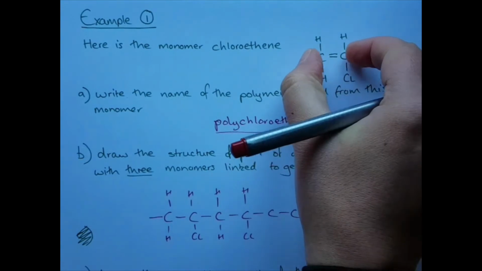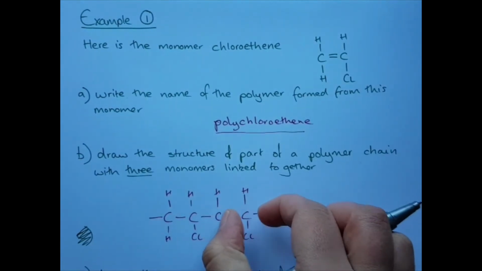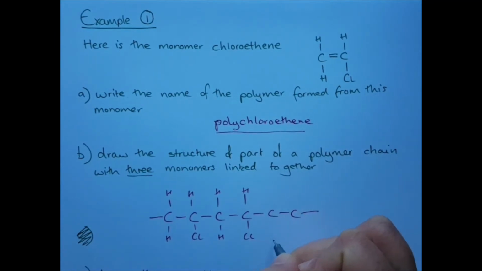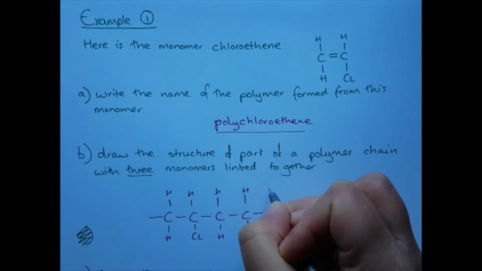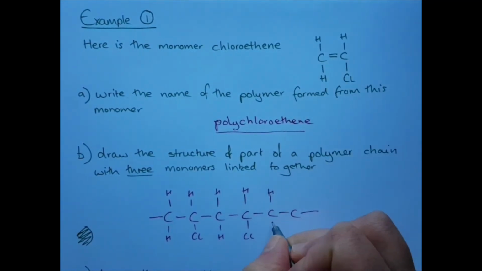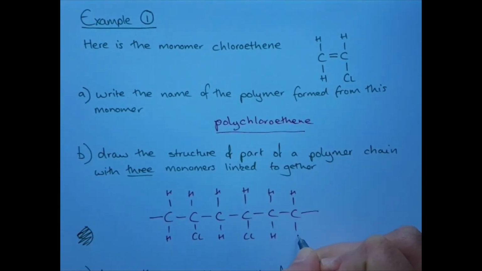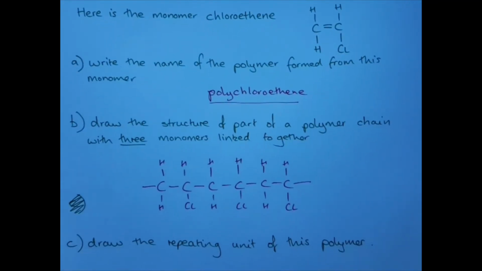Just imagine I've picked this diagram up and put it here, here, and here. So technically it would be possible for me to draw another chlorine here, but I'm not going to. I'm just going to draw it as it's written here, and it just keeps it simpler. Okay, so that is my polymer chain.